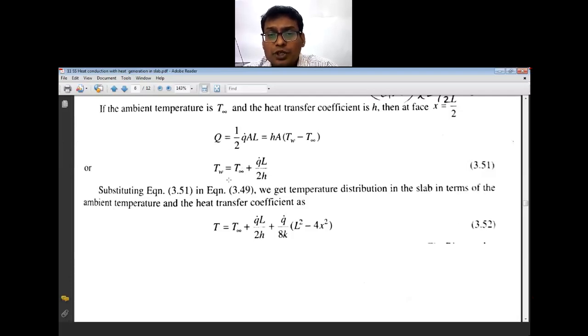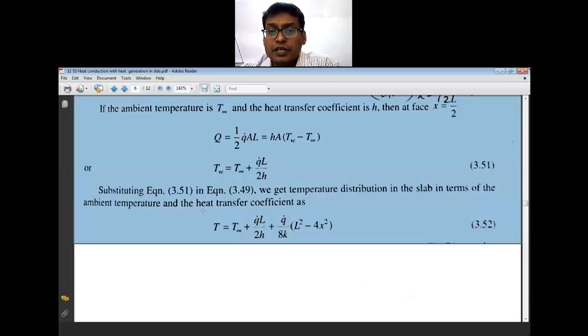This is TW: T infinity plus q dot L upon 2h. So this is the general equation to get the temperature distribution in a slab in terms of the ambient temperature and heat transfer coefficient.